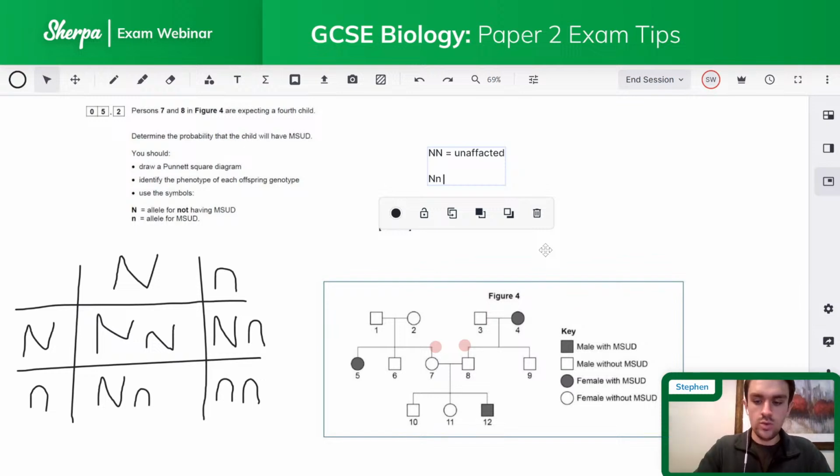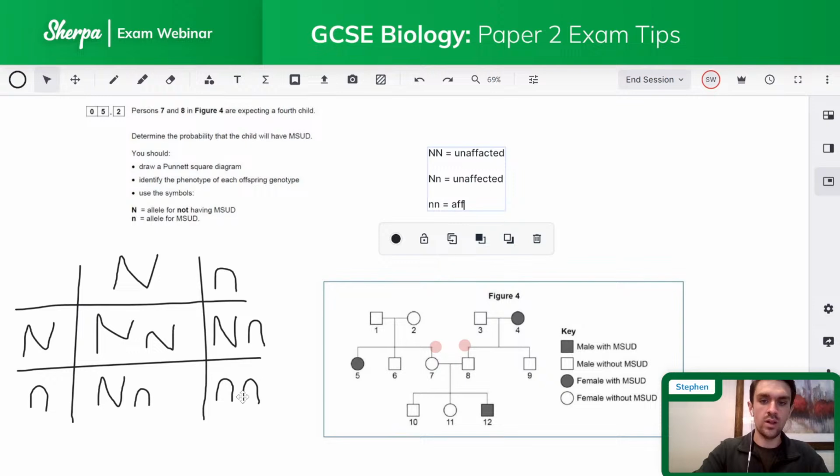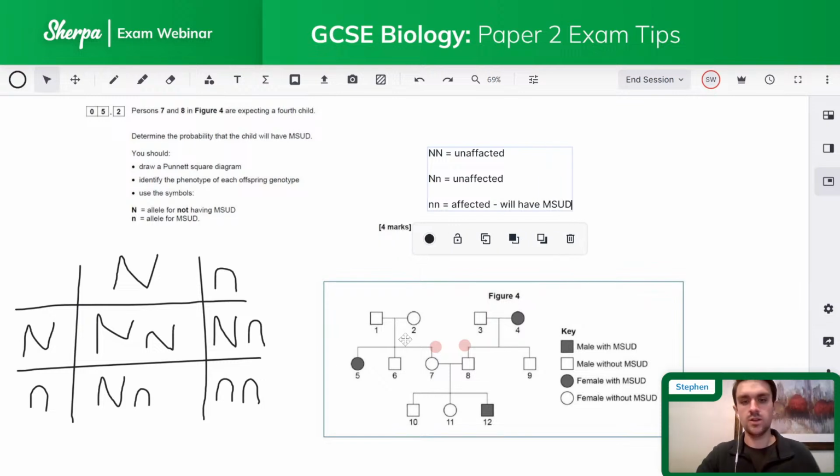We've got two possibilities of being heterozygous. Again, they've got a dominant allele covering up the effect of the recessive allele, so they will also be unaffected. And because you need two copies of the recessive allele to be affected, the little n little n individual will be affected, so they will have MSUD.